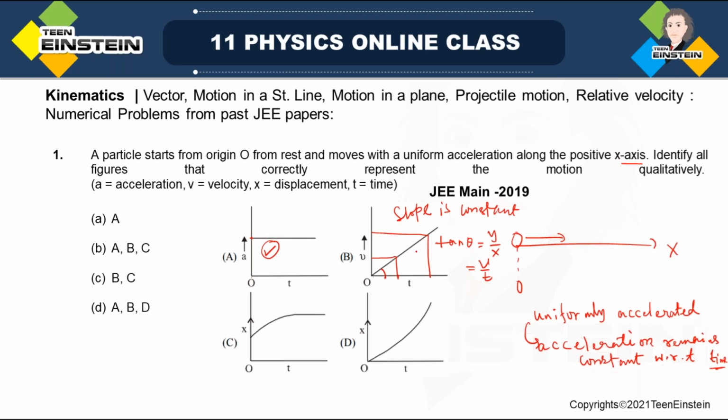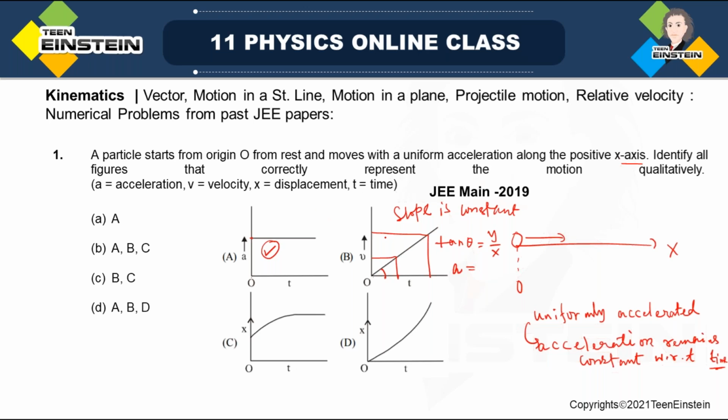So what is this slope representing in the v-t curve? It is acceleration, v by t or dv by dt. Since it is a straight line curve, we can take even v by t also. Okay, if there is some curvature, then we have to take dv by dt. So in this case the slope is remaining constant.